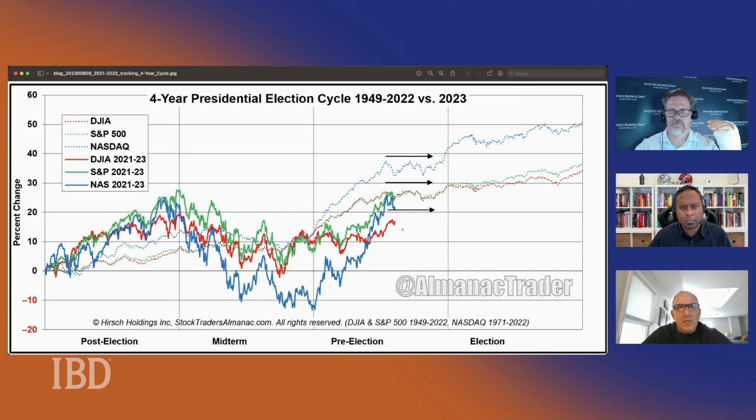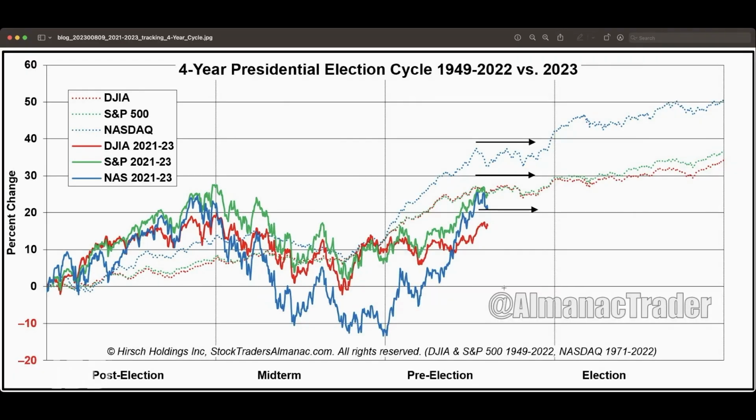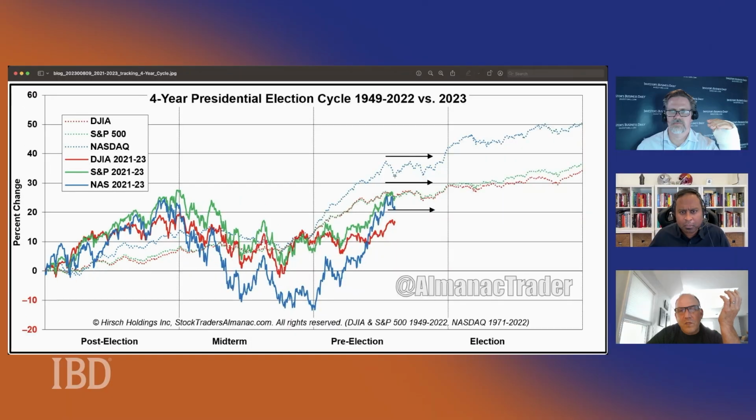But what this tells us is that we've hit that mid-July peak of the pre-election year, which the next 2 charts you'll see even more clearly, and that shows the little August sell-off that we're beginning to accompany. It's most pronounced in the dotted blue line of Nasdaq. A little bit of a rally from the end of August, like we discussed last segment, into mid-December. Then it sells off again.